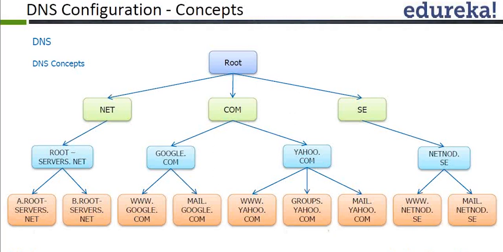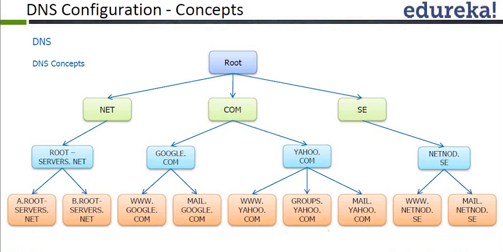This is how the entire web is structured. Just like these individual branches that you can see, there would be top level root DNS servers, and then further down the line, in the sub branches, you will have other DNS servers present.